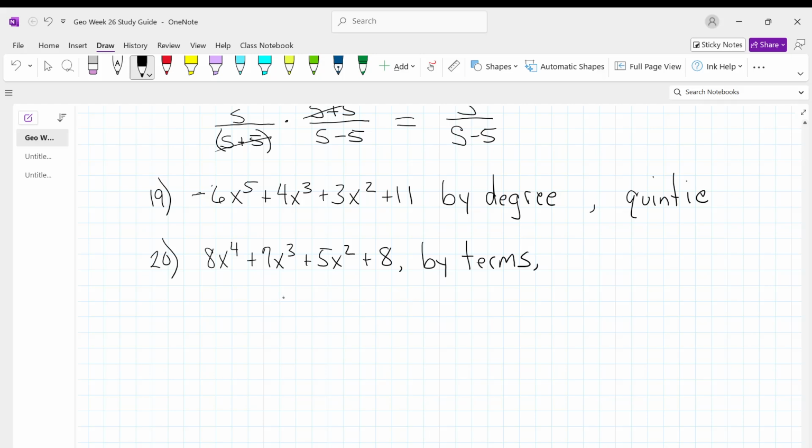When you classify it by terms, this is a 1, 2, 3, 4 terms. So it's a fourth degree polynomial. Or a polynomial to the fourth degree.